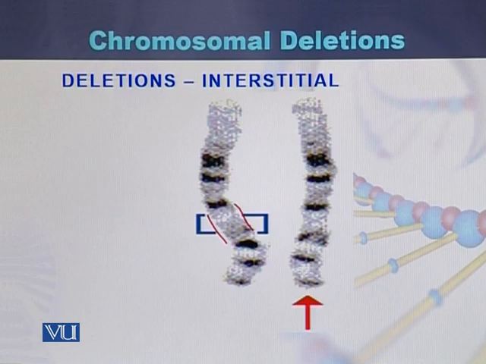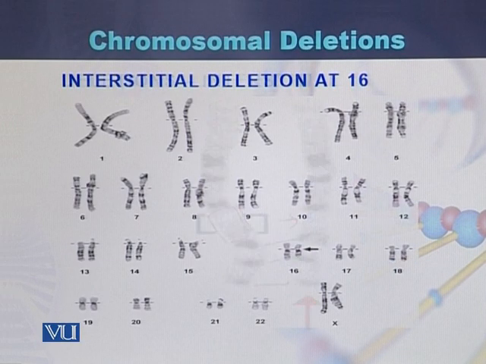If we compare the dark bands and light bands, these are the first dark band, the second dark band and the third dark band. But here there is a large portion of the chromosome, while some part of this chromosome has been deleted here. So this deletion is called interstitial deletion.